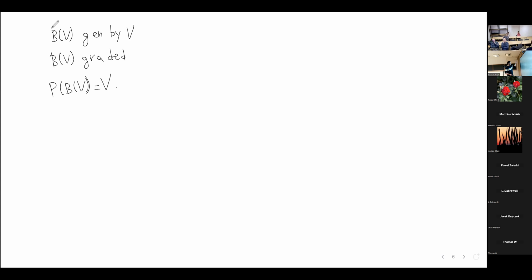Okay, and in fact, these three conditions define the Nichols algebra. Of course, I should say B of V is connected, so B of V 0 is equal to K. So these conditions together define the Nichols algebra in the sense that if I have an algebra satisfying all of these, necessarily it's going to be the Nichols algebra.